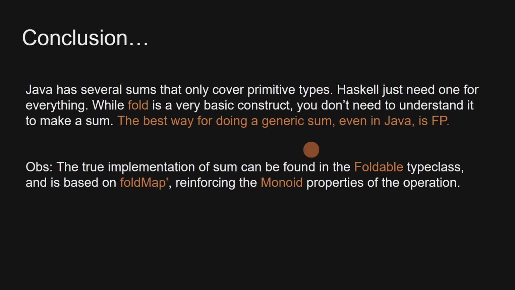That's why I think the Haskell solution is even simpler than the Java one, not just because fold is a really good way to generify this, but because you can just apply it, and it will probably work for the container you have if it has numbers inside. And a takeaway is that the best way of doing a generic sum, even in Java, is using a fold, generifying with functional programming.